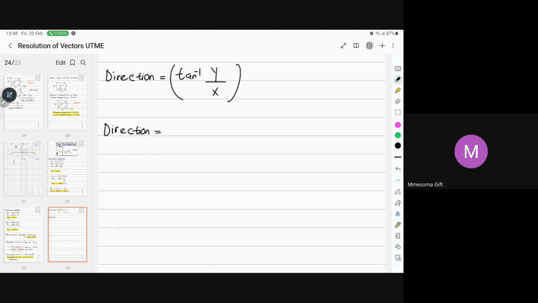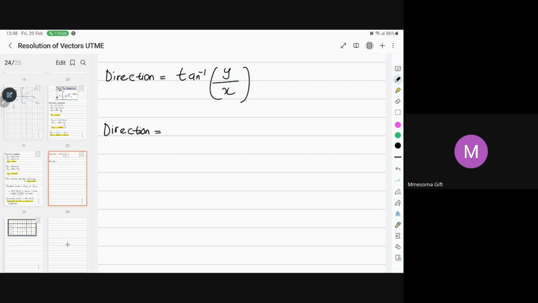So the direction now, sorry, the way I wrote this thing is very bad. This will be this way. Tan inverse of y over x. Right. So let's put in our entire y value.